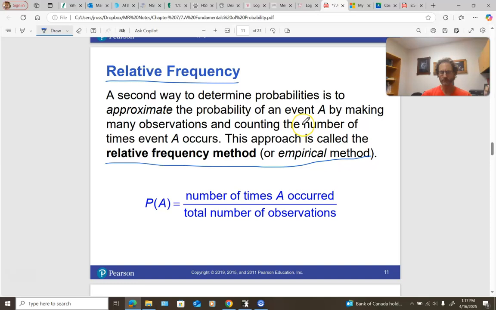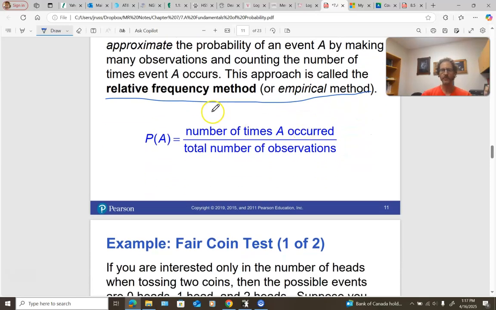You just define the probability as the number of times the event occurred divided by the total number of observations. So if I flipped a coin 1,000 times and 600 times it came up heads, then the probability of flipping heads would be 600 over 1,000, which would reduce to about 60%.